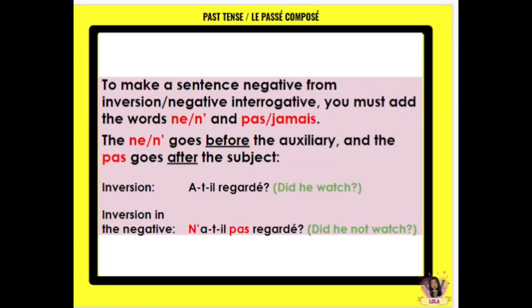So this is different from what I showed you before in its regular form. So we're going to take a look at it so you see the difference. So with inversion, it's a-t-il regardé? Did he watch? And inversion in the negative would be n'a-t-il pas regardé? Did he not watch? So over here is the ne before the auxiliary and the pas after the subject.